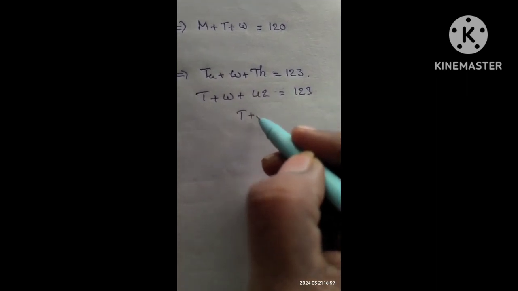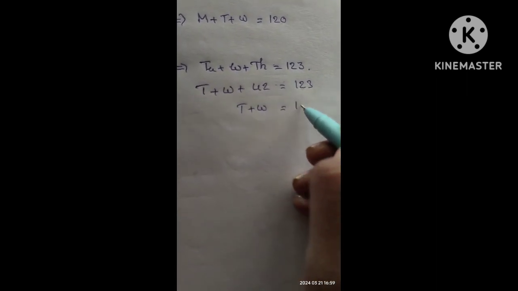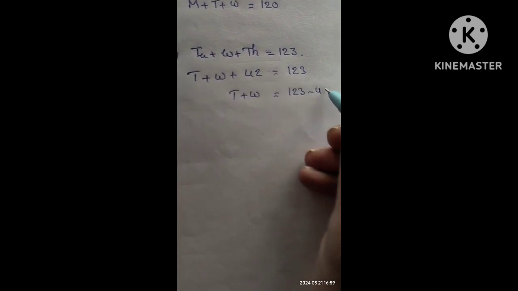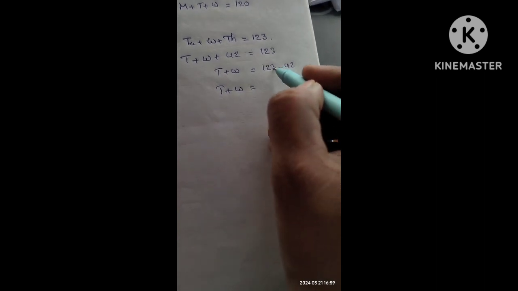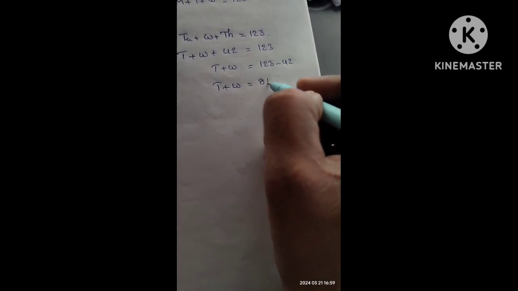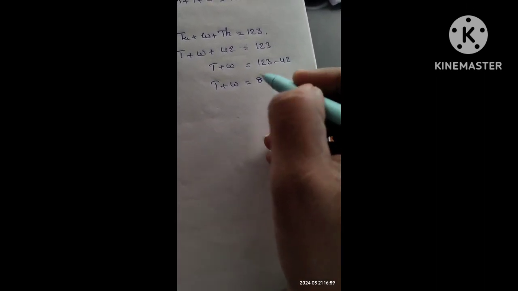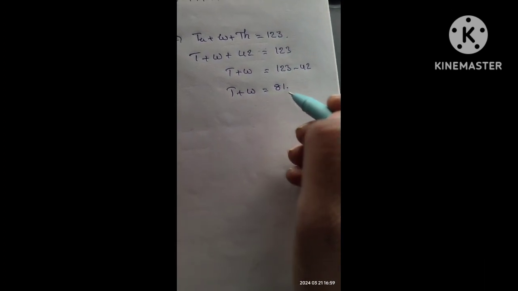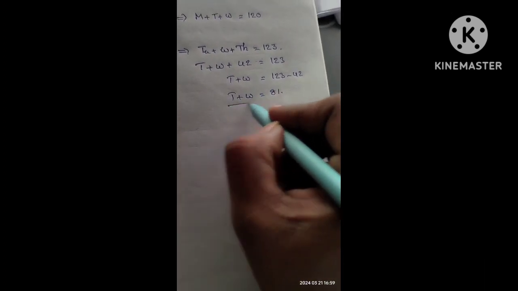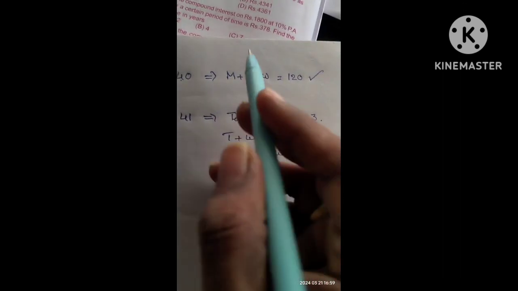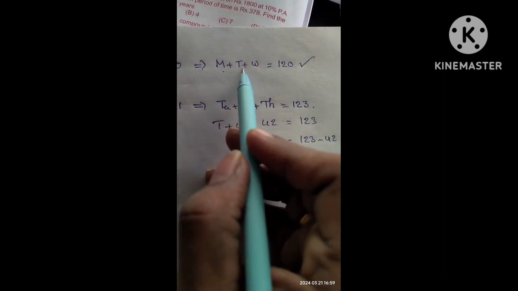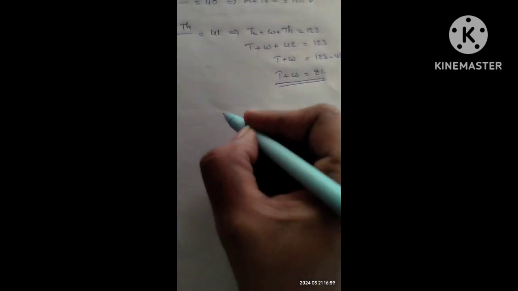Then Tuesday plus Wednesday is equal to 123 minus 42. Subtracting it, Tuesday plus Wednesday is 81. Substitute this value in the first equation. From the first equation, you can notice that Monday plus Tuesday plus Wednesday is 120.